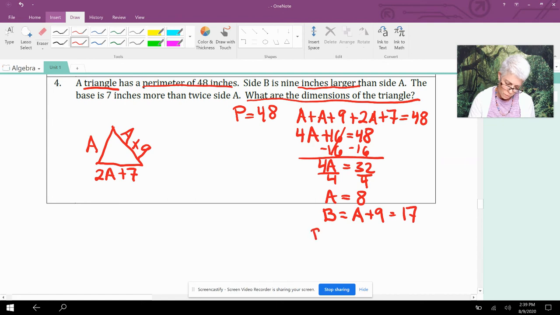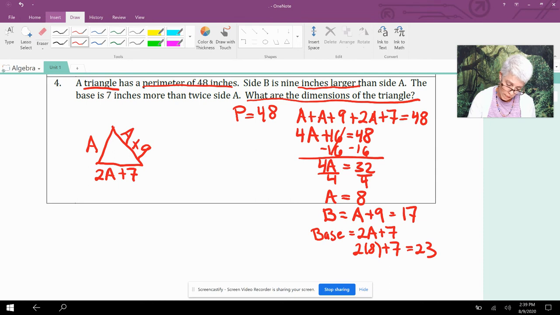Then the base, which is the third dimension, is 2 times A plus 7. So that's going to be 2 times 8 plus 7. So let's say 16, 23. Whoops. Okay. So now we have, it tells me that the whole thing is 48.